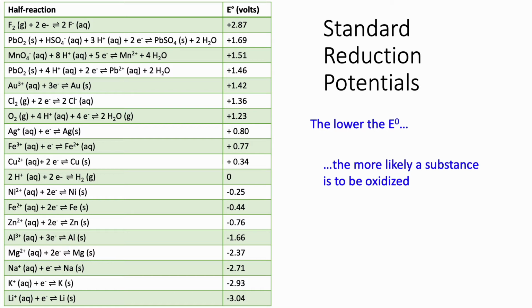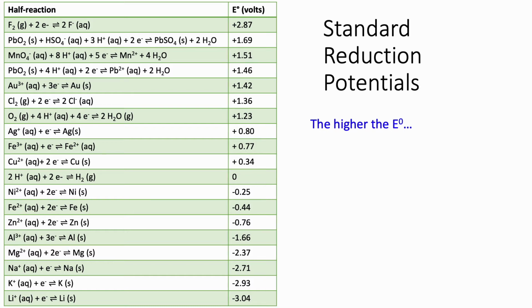Remember that everything in this table is shown as a reduction reaction. And what this is saying is that substance is more likely to have the reverse reaction happen. The lower the E naught, the stronger a reducing agent that substance will be. Now, if you're confused by the term reducing agent, I highly recommend that you go back and review my introductory redox video.